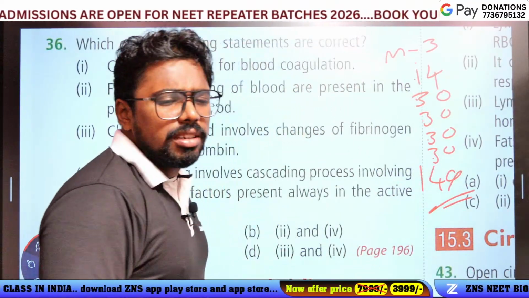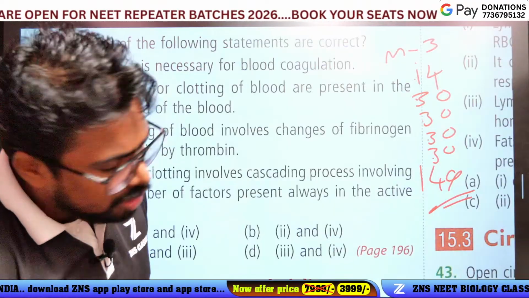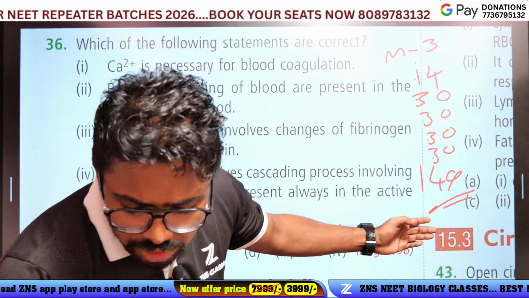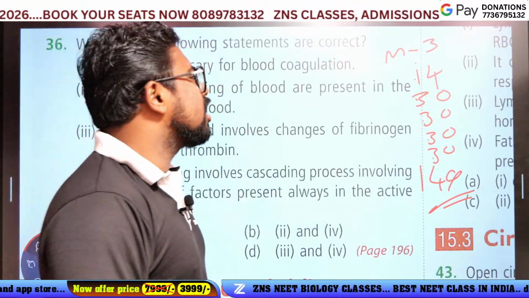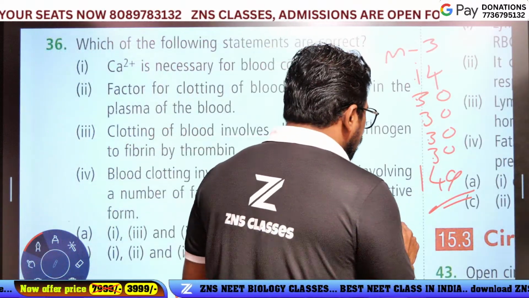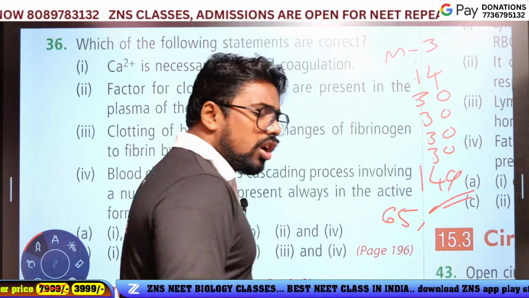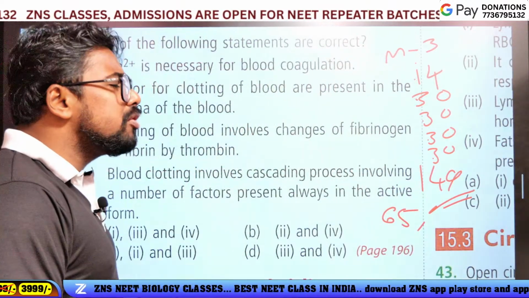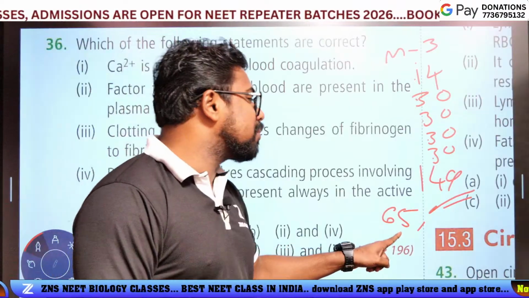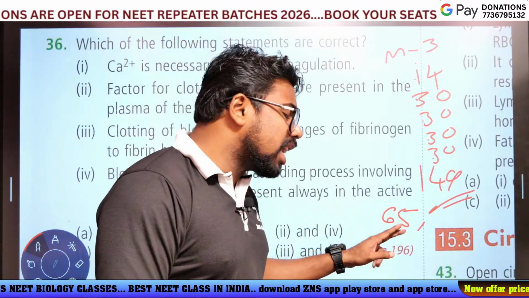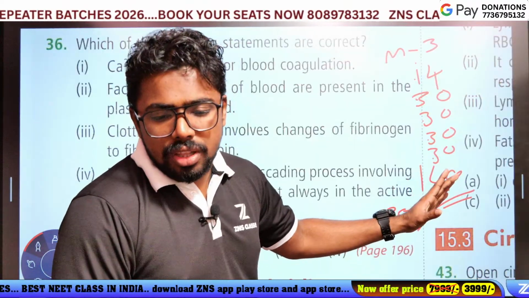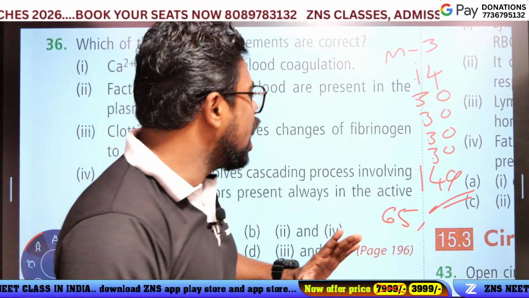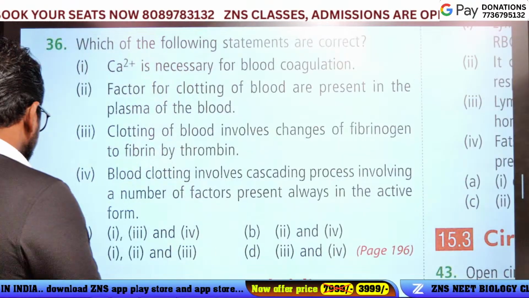Just 149 days for your NEET exam. And in total, how many chapters do you want to study? I think 60 or 65 chapters: zoology, botany, chemistry and physics. 65 chapters we want to study and only 149 days for NEET. You must not delay your time. You must engage completely with your NCERT book.